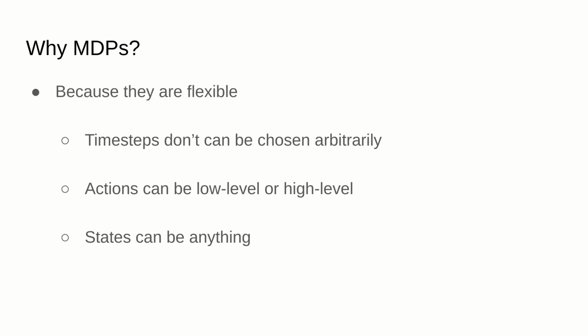So they can be applied to a variety of tasks. States can be anything that might be useful in helping the agent make decisions. When representing a problem as an MDP, how the states, actions, and rewards are chosen can have a big impact on performance, and choosing them wisely is more of an art than a science.